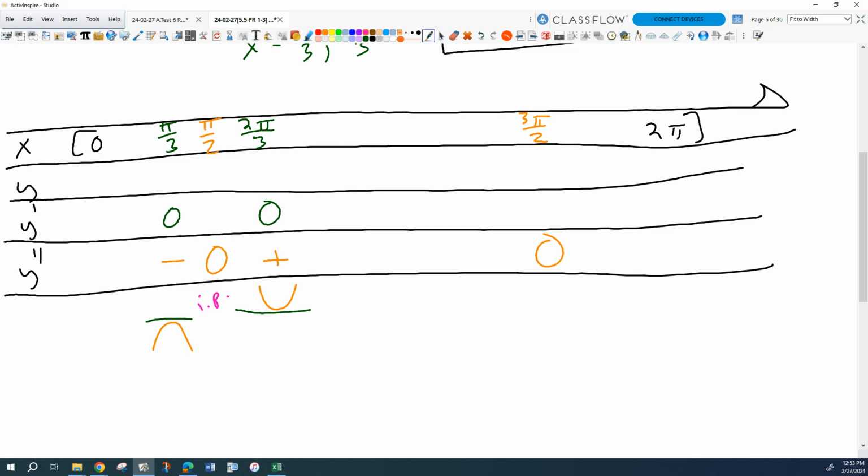Anything else we need to do? Well, yeah. There's really only one other interesting thing for us to do. We found all the relative extrema, didn't we? Okay. But where could we have another point of inflection? 3/2 pi. So why not just check at 2 pi, see what's going on at 2 pi, because that's part of our domain.